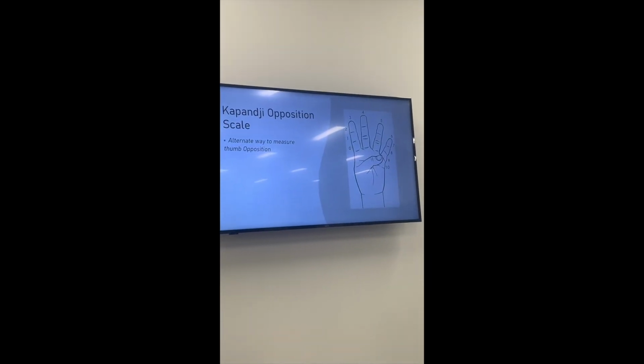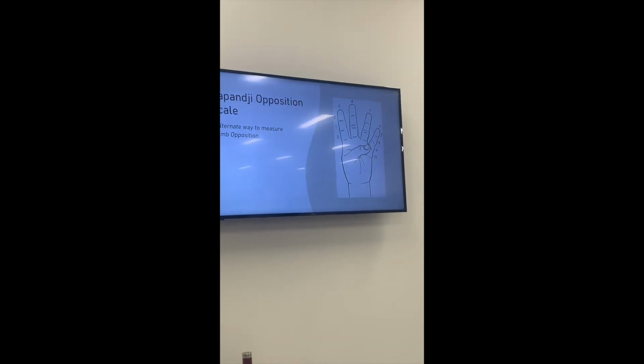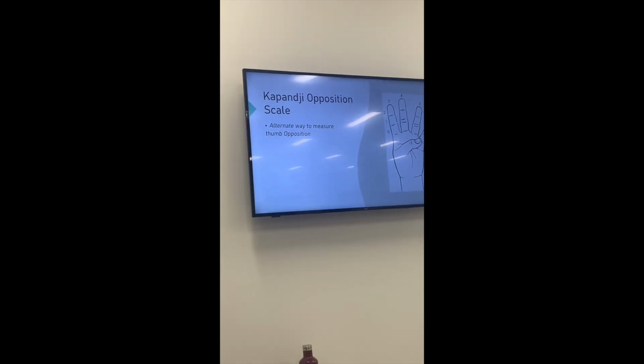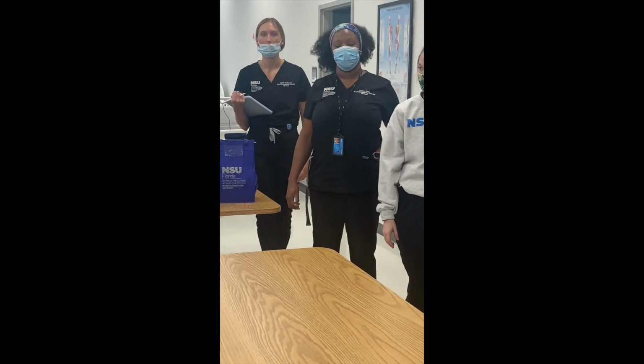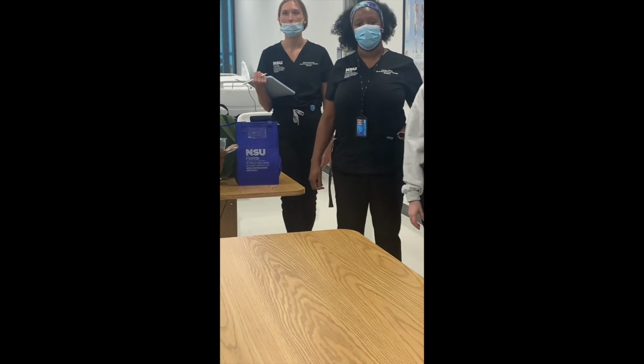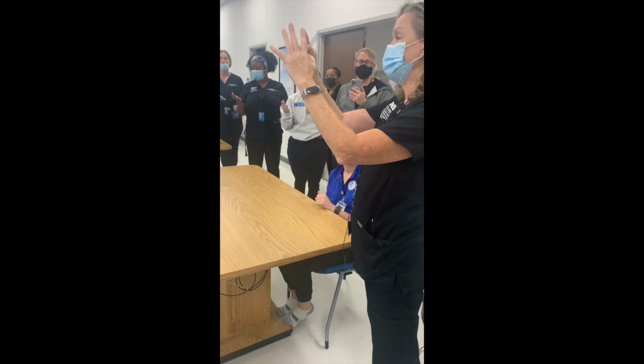You will not be tested on this. It's for your information. This is why you got lucky, you have a hand therapist teaching you this stuff. Think of it as the MP joint, the PIP, the DIP, the tip.